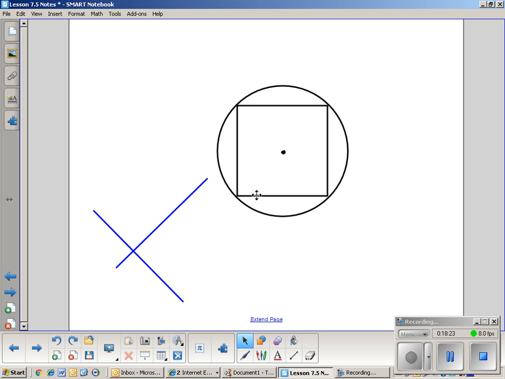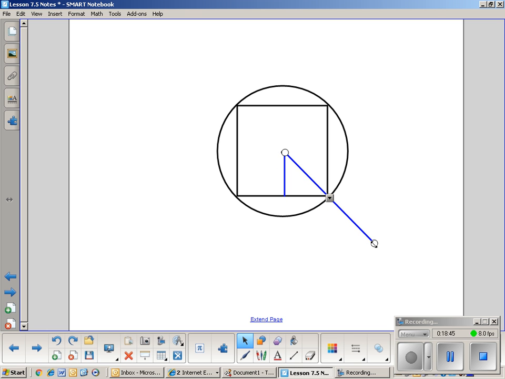Pretty close. If we... how would I find this angle in this picture?